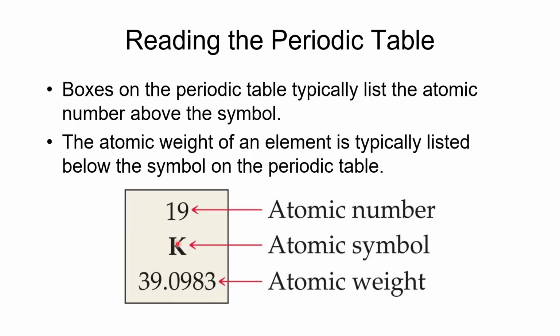Just as a reminder, the atomic number and the symbol are a 1-to-1 matching. All elements with exactly 19 protons are potassium, and all potassium atoms have exactly 19 protons. And then the atomic weight, again, that is terrestrial, so that will be the average atomic weight on Earth. As I mentioned, it may be slightly different at different locations.